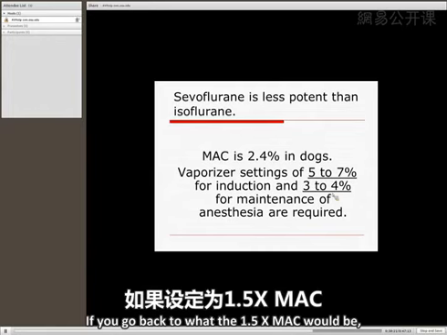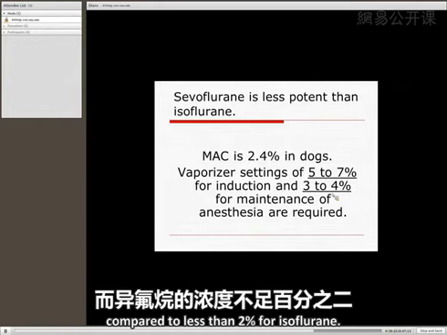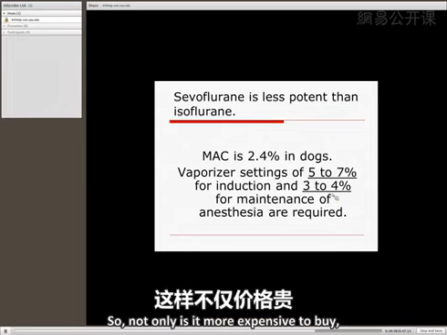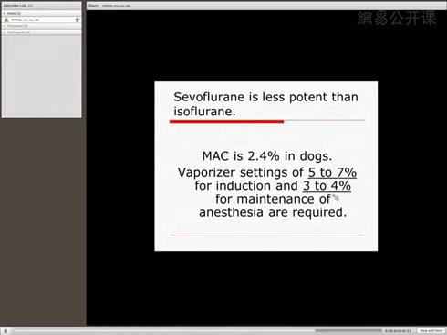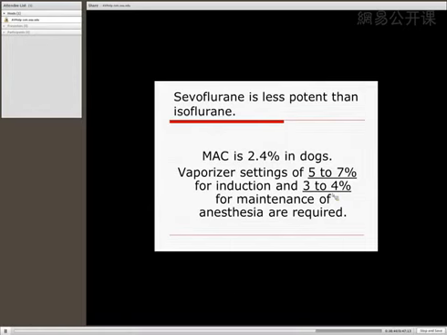If you go back to what the 1.5 times MAC would be, what would that be? 3.6% for sevoflurane compared to what, less than 2% for isoflurane. So not only is it more expensive to buy, you have to use a higher concentration, so it's more expensive to use.